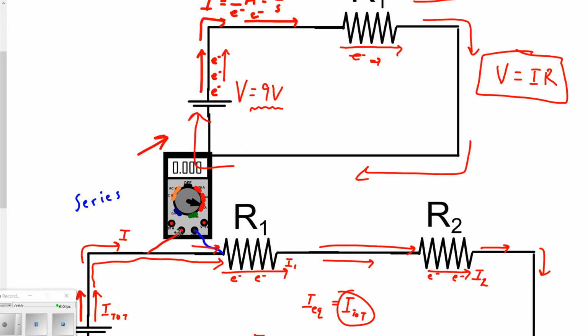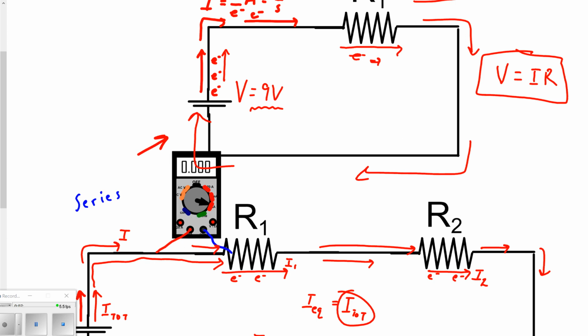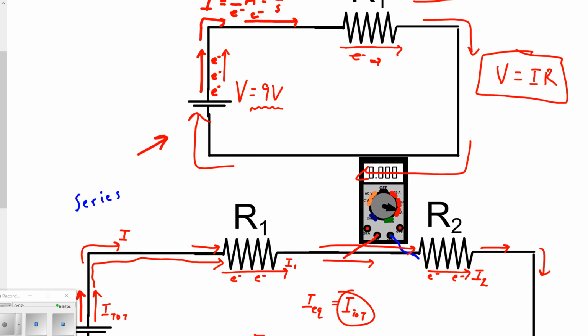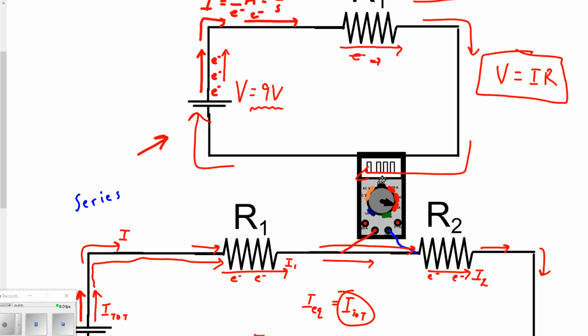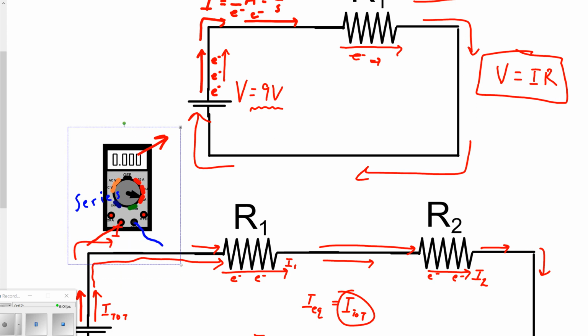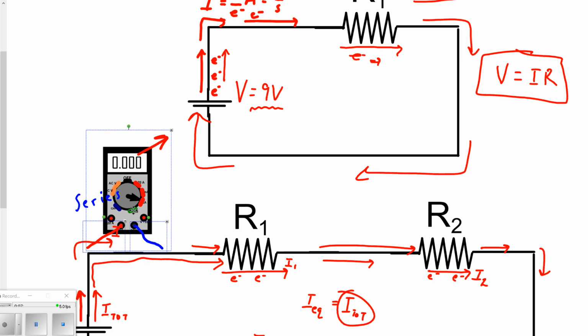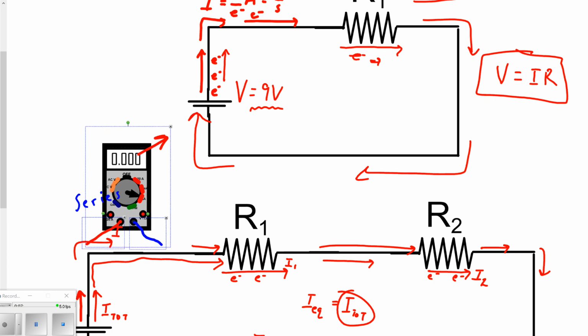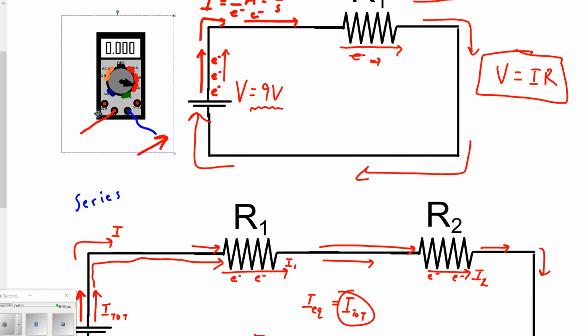What we would find when we powered this up is that this ammeter would read the same here. And if we brought it over here, once again the reading would be the exact same, because it's the same current. If we could bring it anywhere in the circuit and cut the circuit, we would find that the current was the same anywhere inside there. So we've got a little basic idea. Go away, ammeter, I no longer need you.